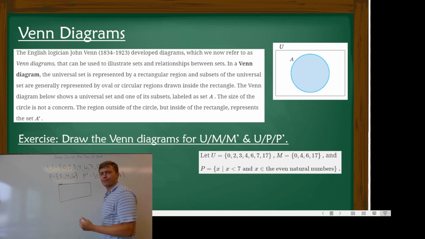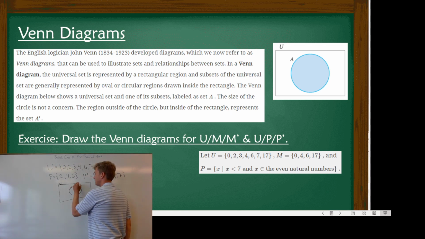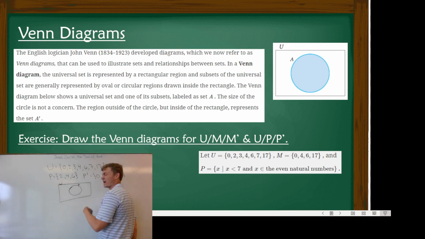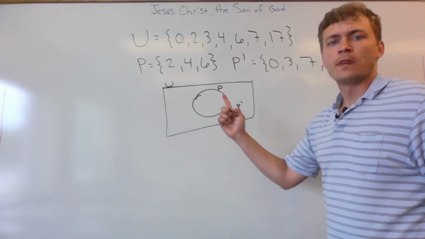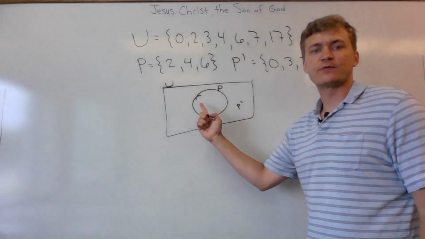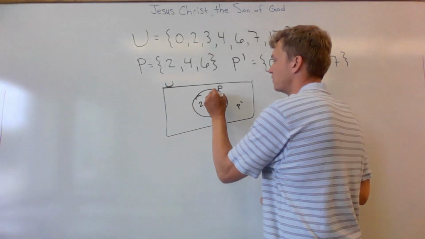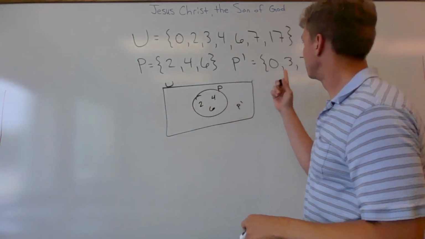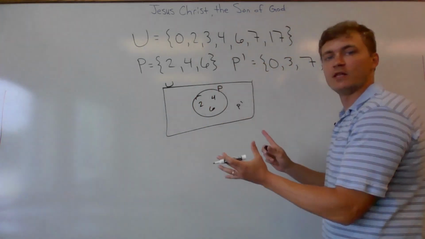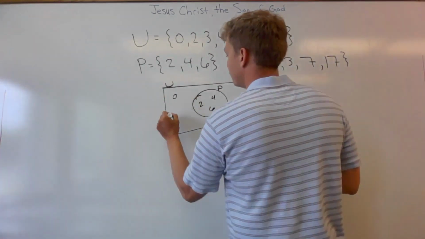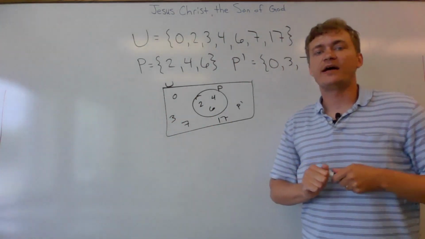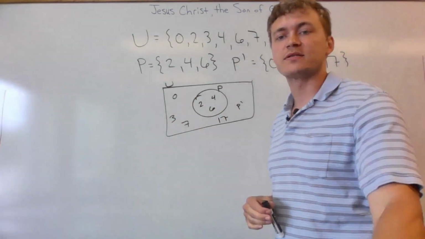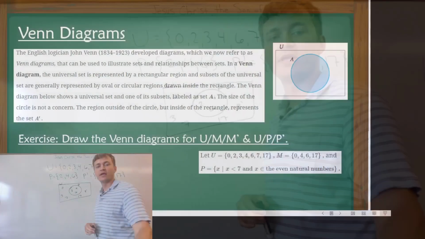So let's try this again. Draw a circle, label the circle as P, and therefore everything else is going to be P prime. I'll go to the full screen again. Once more for P, 2, 4, 6, we're going to place them in the circle. And all the other numbers, 0, 3, 7, and 17, will be in the box outside of the circle. And that's it. In order to create a Venn diagram, we have a rectangular box and we have a circular figure in the middle. And there you go.